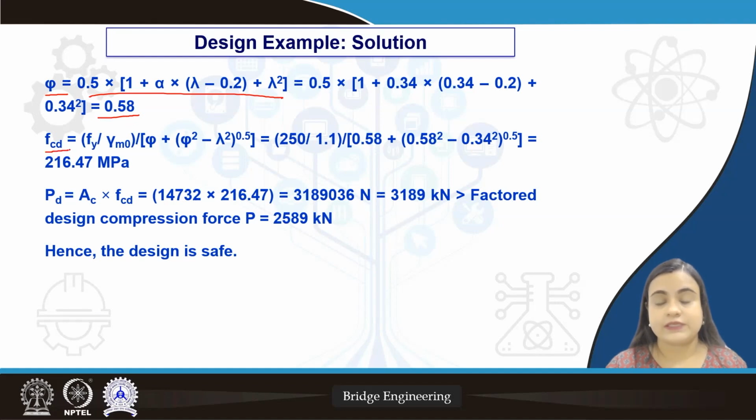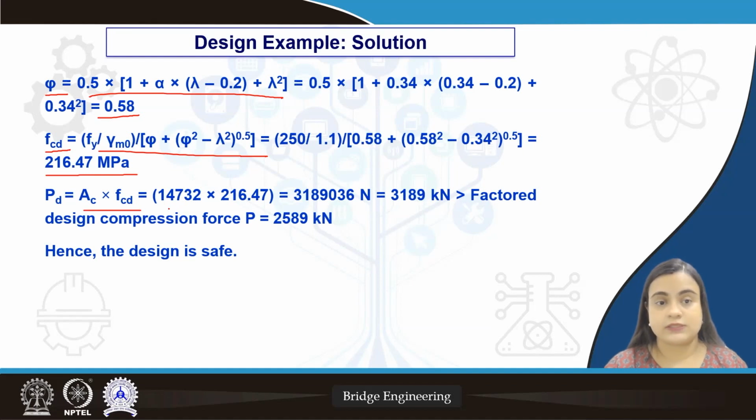So FCD can be obtained by applying the magnitude of all the parameters in this expression, and it is calculated to be 216.47 MPa. So the design compressive strength of the section PD can be obtained as AC times FCD.